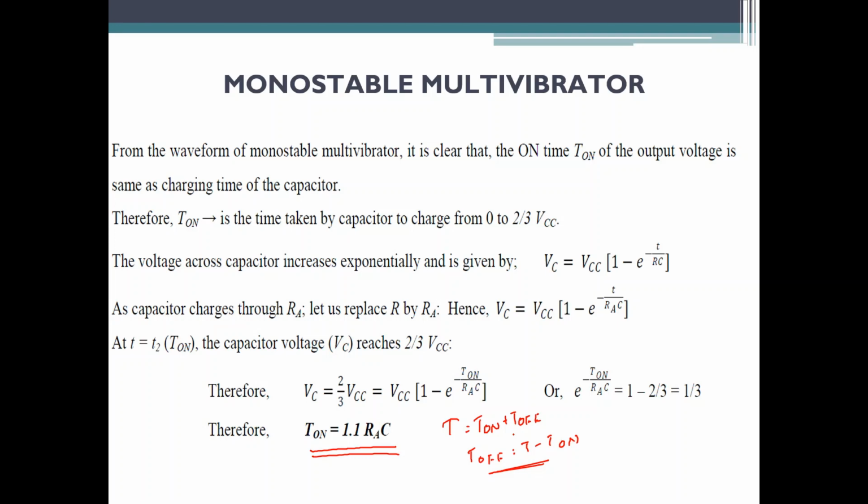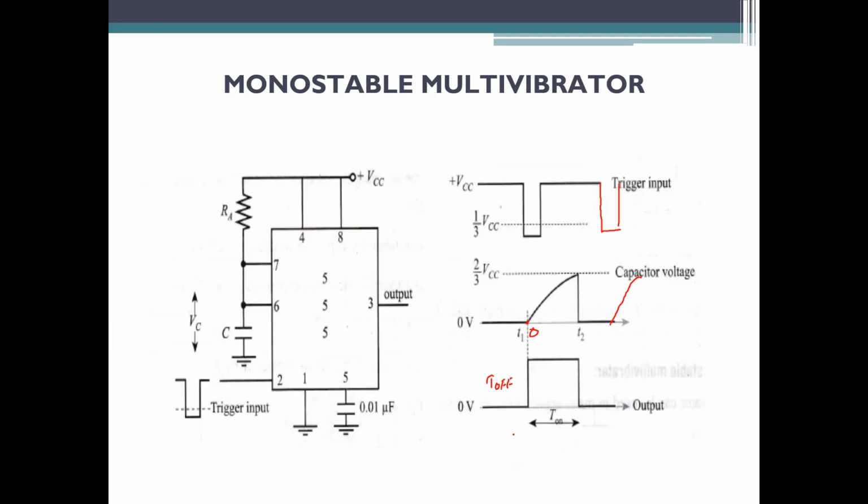If the capacitor is charging slowly, then obviously the stable state will be longer. If the capacitor is charging very rapidly, then obviously your waveform will also become smaller. Suppose it is taking more time to charge, then your waveform will also remain stable for more time. So the stable state of your monostable multivibrator depends on the value of Ra and C.